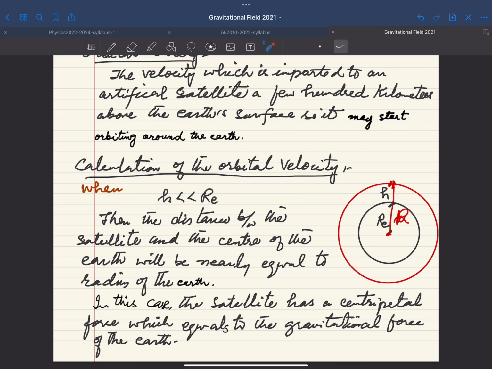So we can consider the distance from the center to the satellite, which normally you write as r, to be nearly equal to RE in this case, because H is very small as compared to RE.